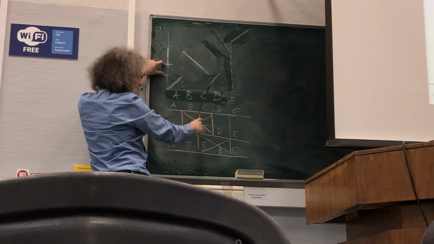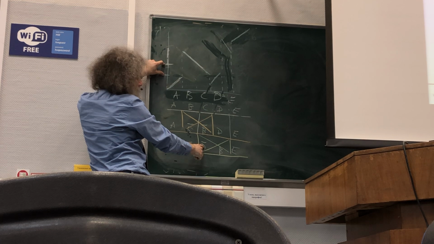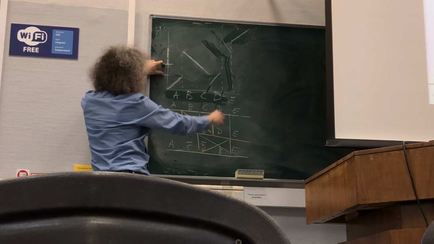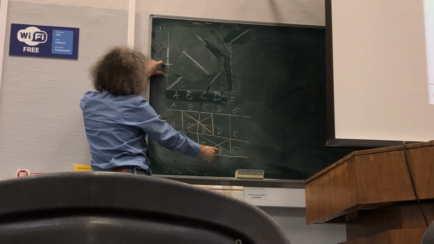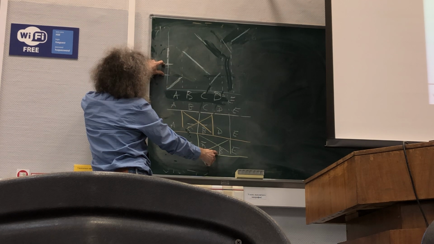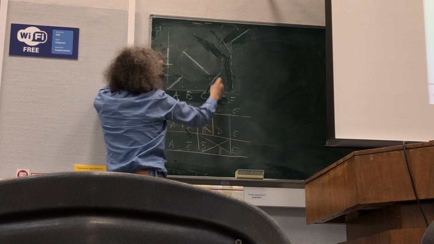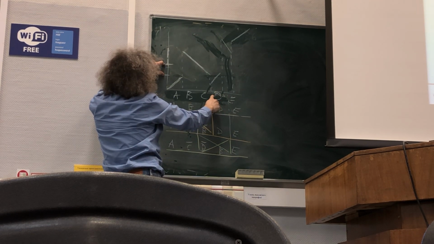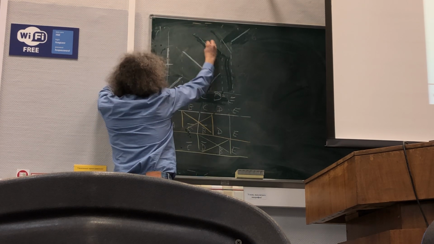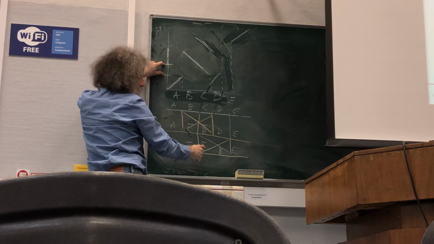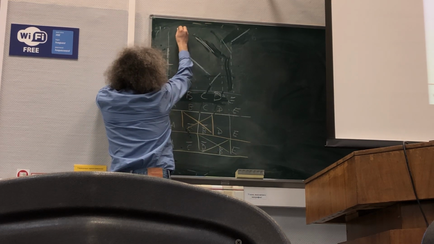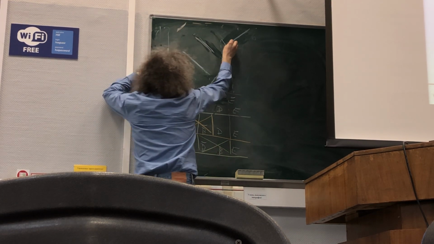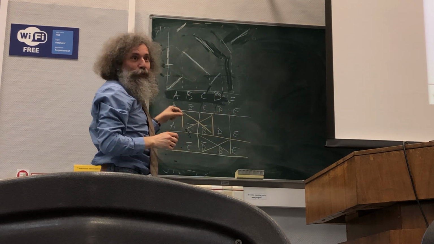Then we have the region corresponding to inverted D, which should be here. Then we have the region corresponding to B, and then the region corresponding to E. So it should be something like that.